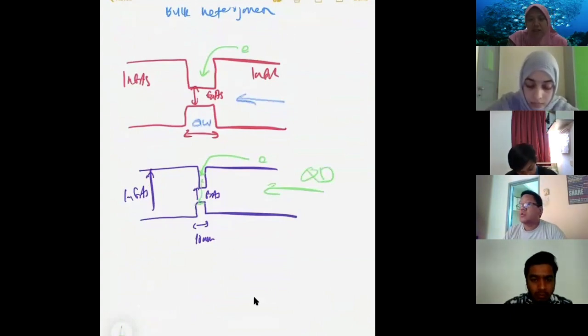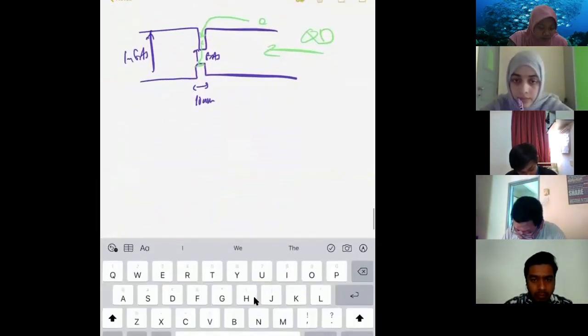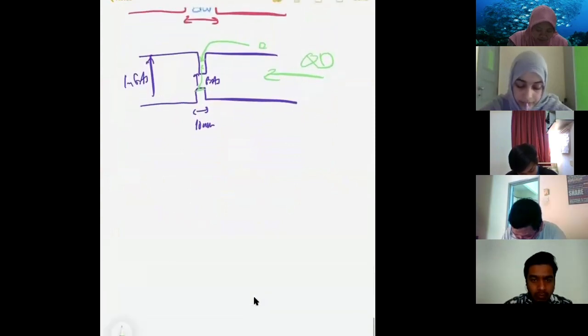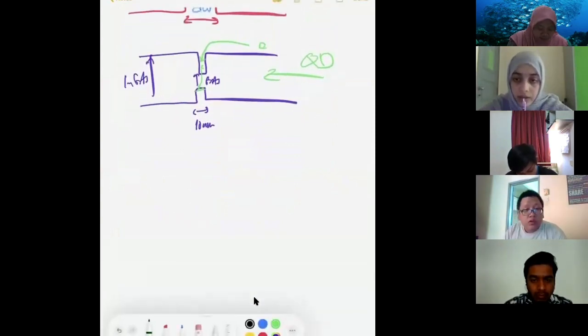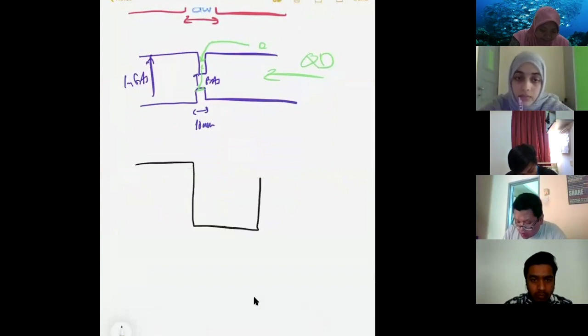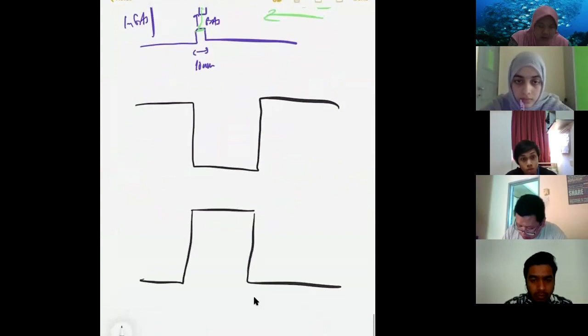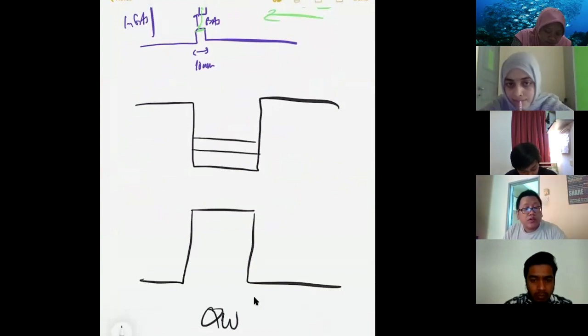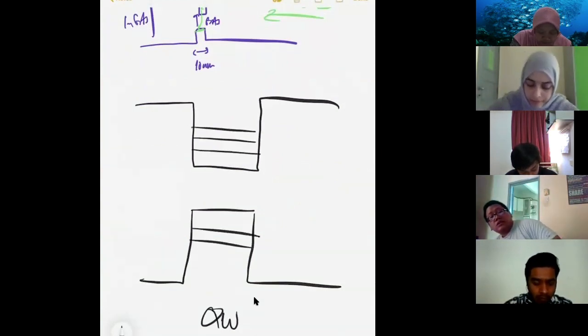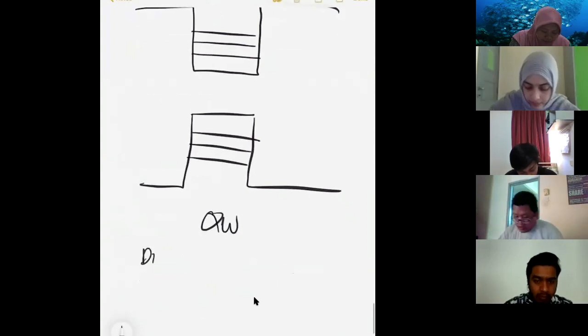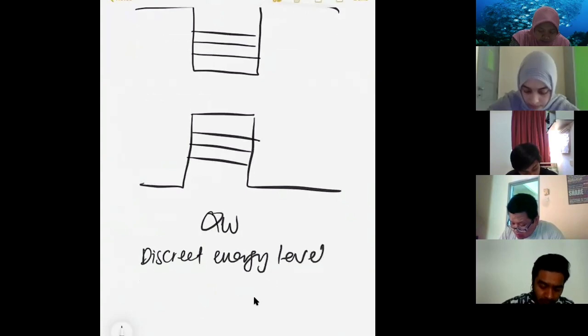The other thing that is the speciality of quantum well and quantum dot, first is trapping, the other one is this. I'm exaggerating a quantum well. If you read the literature, you will see you will have discrete energy levels. What does it mean?